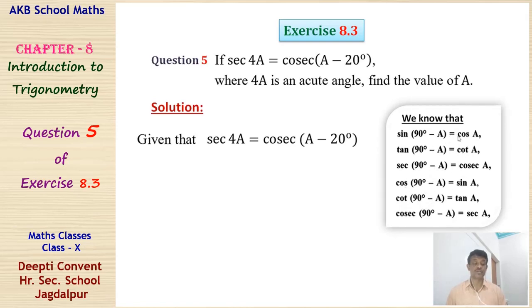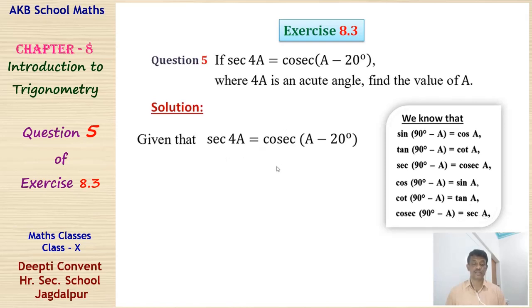These are our formulas. We know that these are ratios of complementary angles. Here we are trying to convert sec to cosec or cosec to sec. Sec 4a can be written by using the last one: sec a equals cosec (90 minus a), where a is an acute angle.